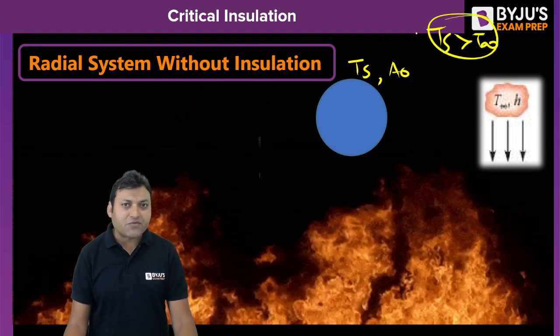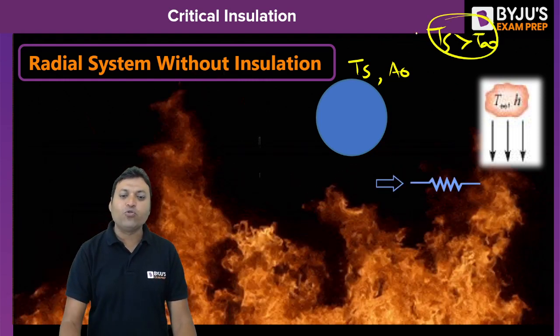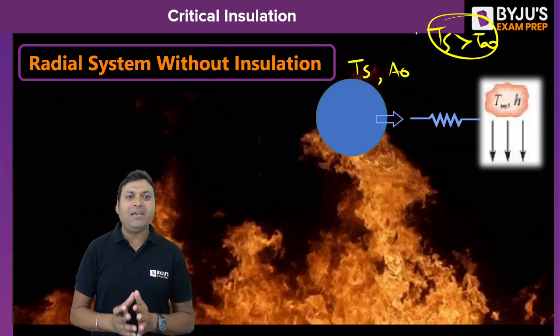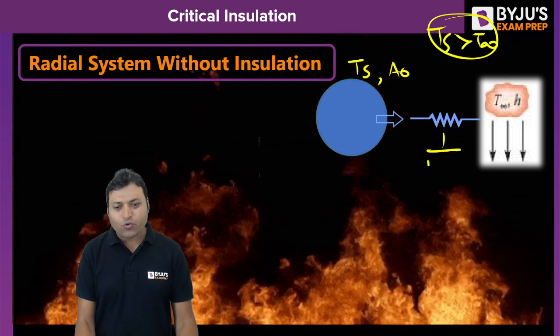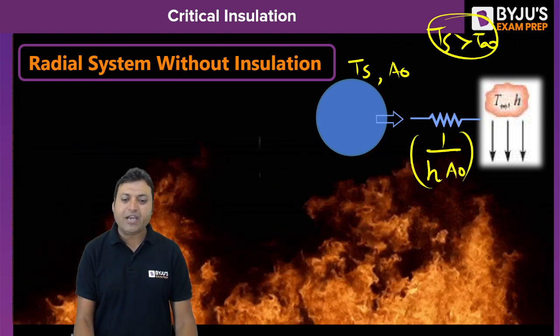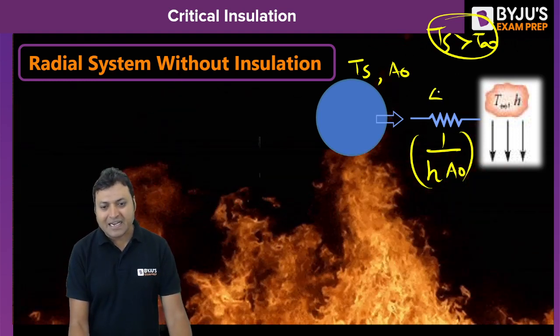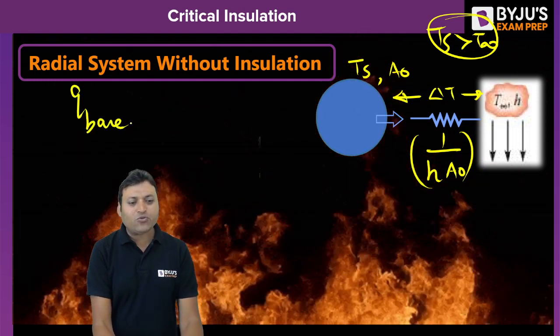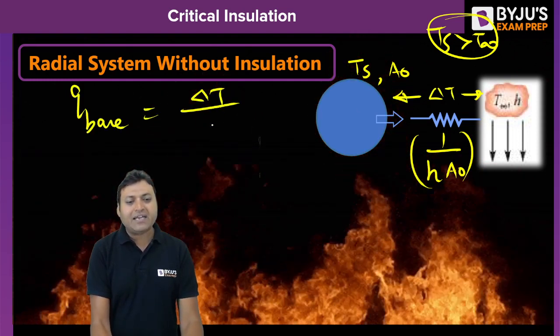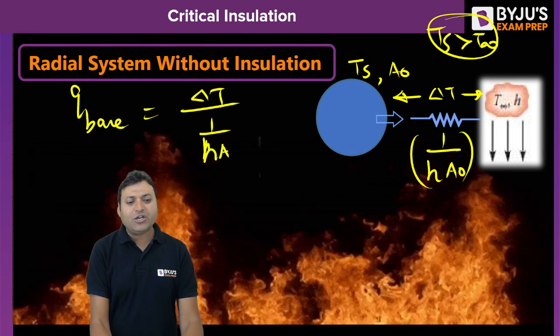The mode of heat transfer will be convection, and the circuit diagram will have a convective thermal resistance equal to 1 upon hA naught. This is delta T, that is Ts minus T infinity. So Q without insulation is equal to delta T upon 1 upon hA naught.